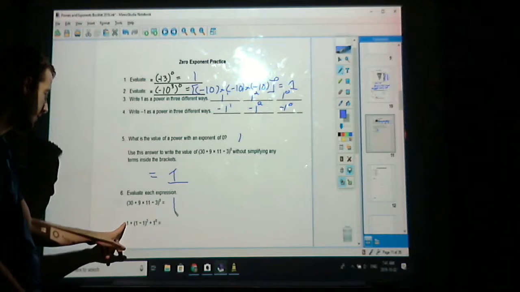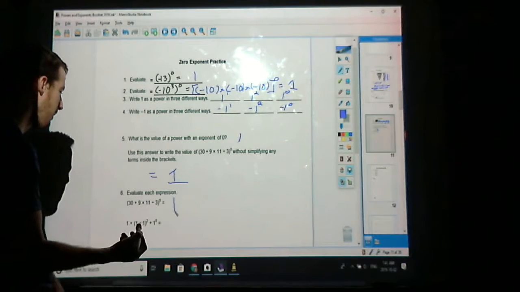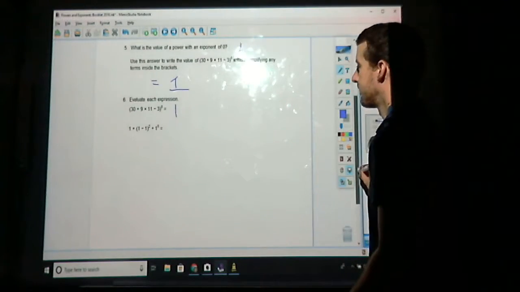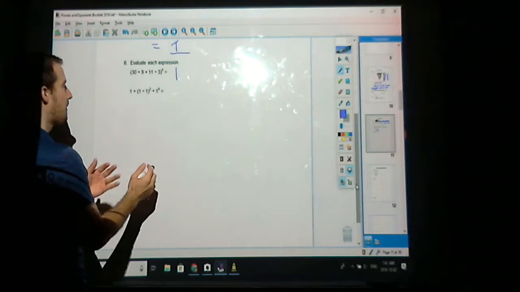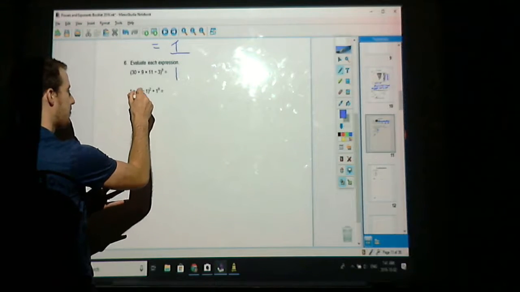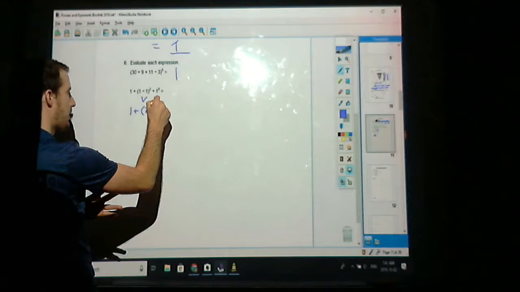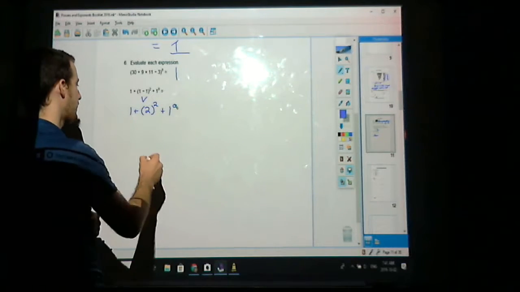All of this, well, a little bit different, because we only have 1 number to the power of 0. So let's drop this down a little bit. Okay, so what do we do first? Well, we do what's in our brackets. So here we go, 1 plus 1 is 2, to the power of 2, plus 1 to the power of 0. Now we do our exponents.